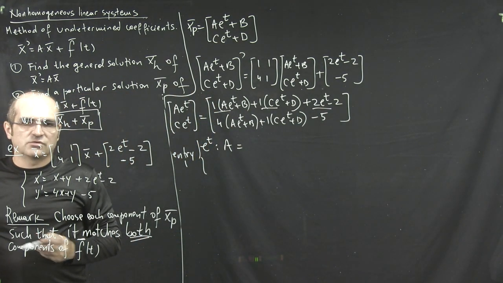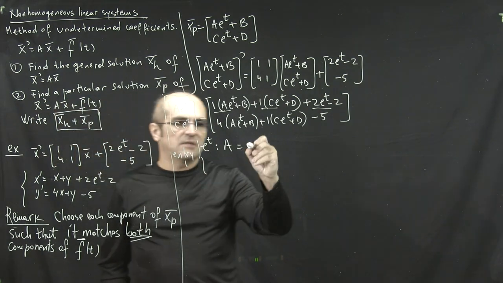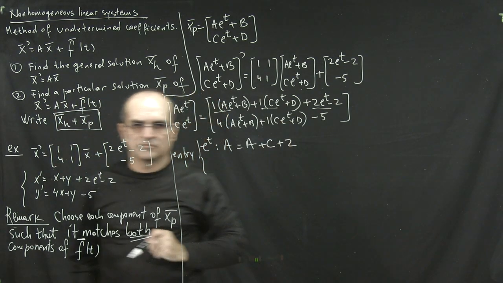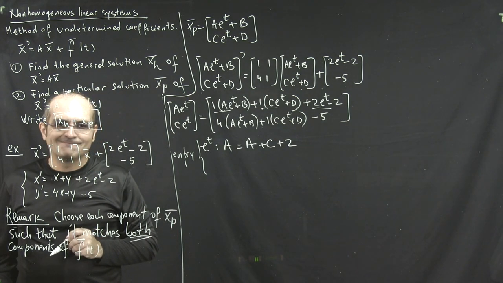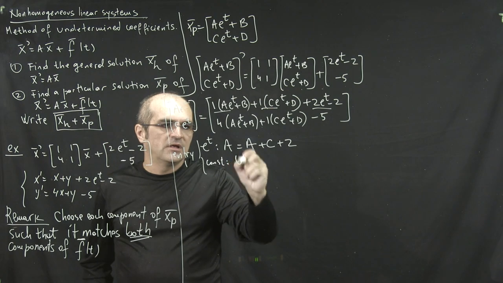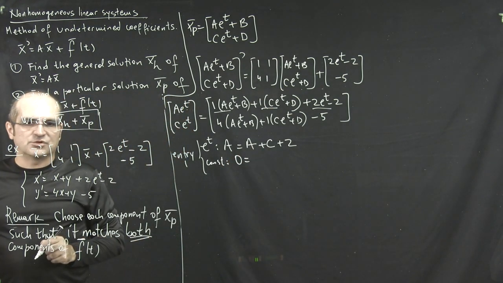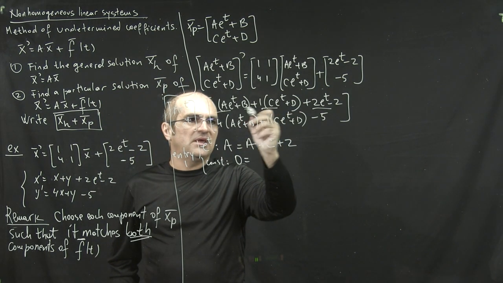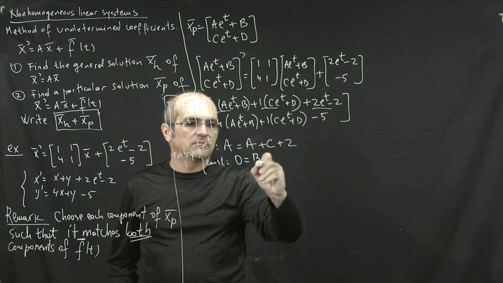The coefficient of e to the t, if you pull out e to the t, becomes a plus c plus 2. Then the second piece to match is the constant term. There's no constant on the left, which means it's 0. And the constant on the right side comes from b, d, and minus 2.